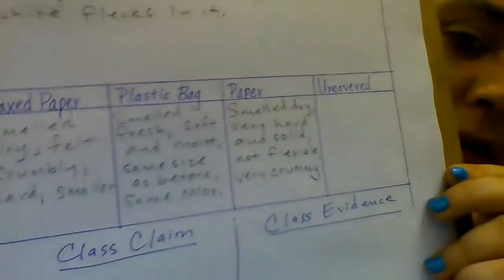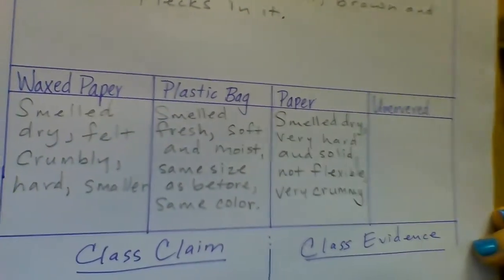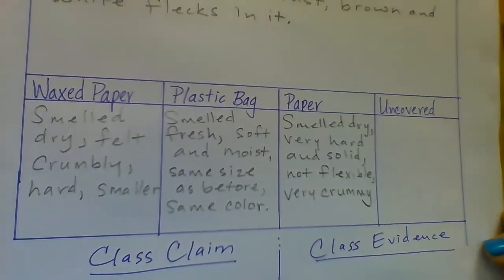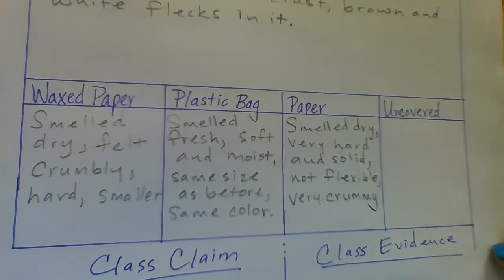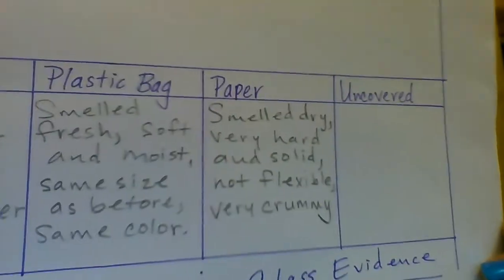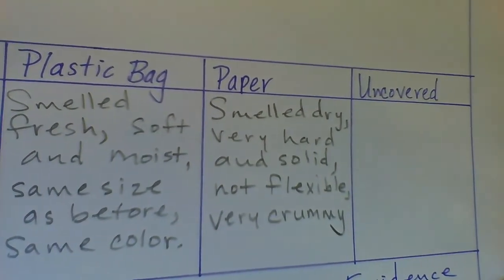It was not flexible at all, and it was very crumby. They got a lot of crumbs off that one. We had to wipe them up with paper towels. So for your paper one: it smelled dry, it was very hard and solid, it was not flexible, and it was very crumby.